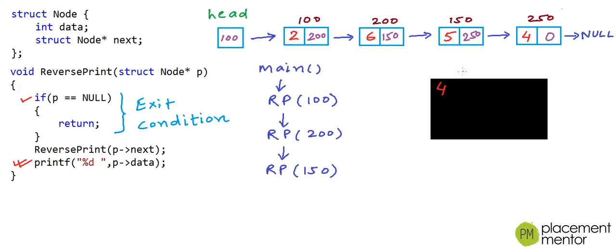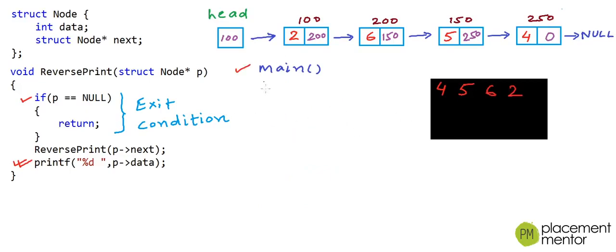Now this call will print 5 and exit, and we will go on like this. Finally we will return back to the main function with this output on the console, the elements of the list printed in reversed order. So this was recursive traversal of a linked list to print its elements.